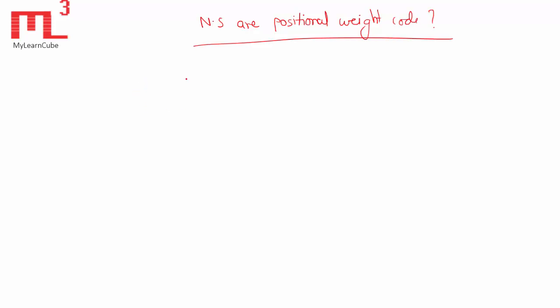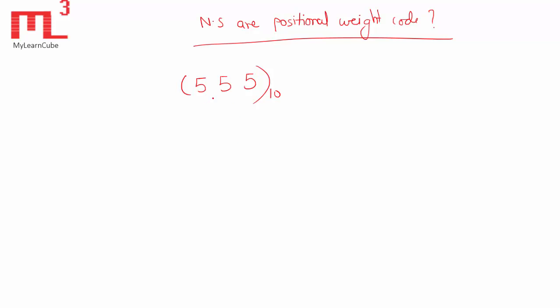Before that, all four of these number systems are called positional weight codes. What do we mean by positional weight code? Take an example: suppose this is 555 in base 10.